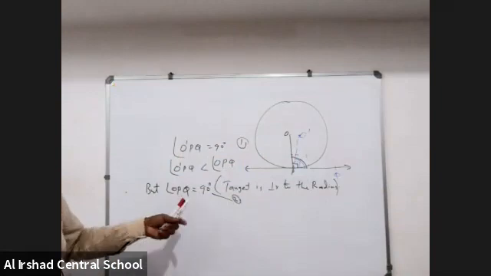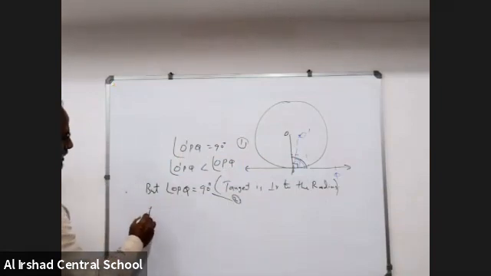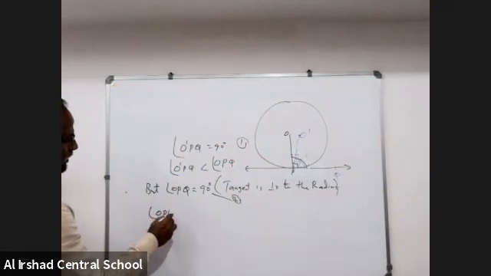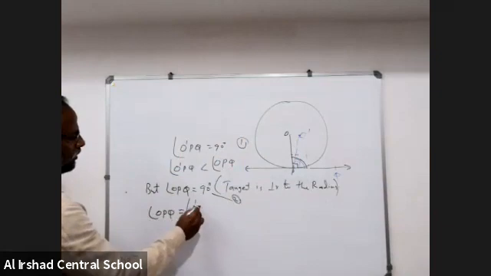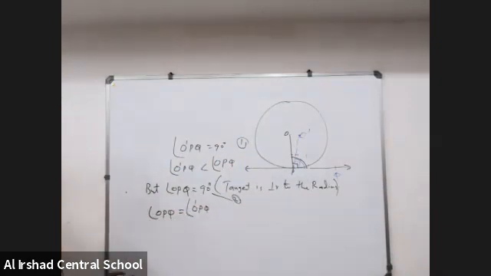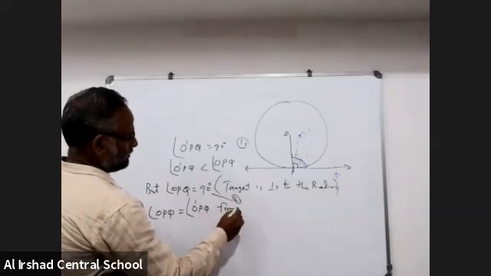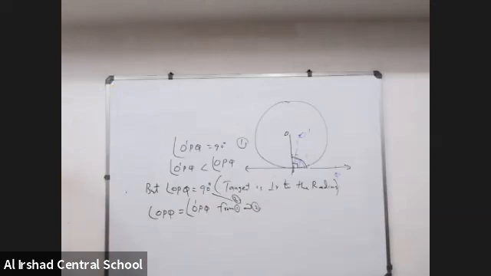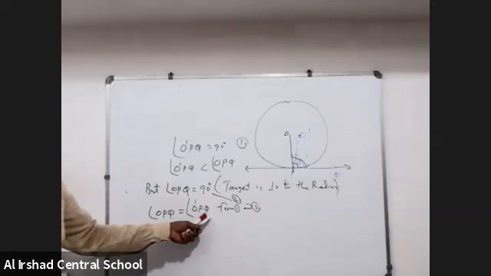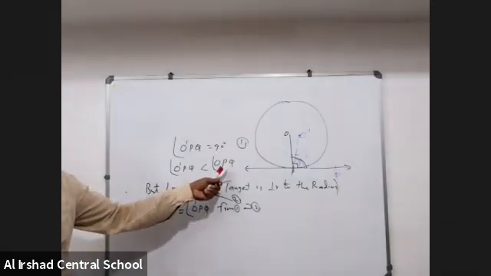Now, from 1 and 2, what happened? Angle OPQ is equal to angle O dash PQ, from 1 and 2. How is it possible? OPQ is equal to O dash PQ, but O dash PQ is less than OPQ.